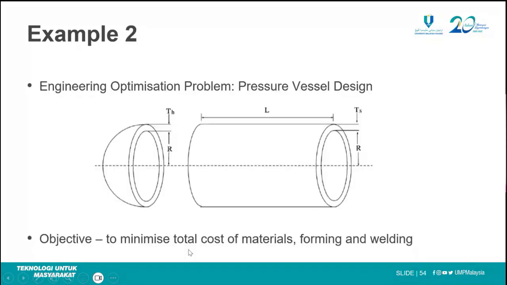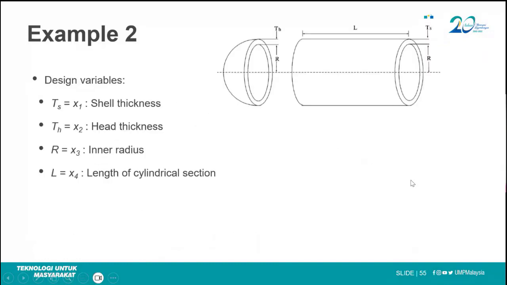Another example is vessel design, to minimize the total cost of materials, forming, and welding processes. The design variables are TS, the shell thickness of the cylindrical area, TH, the head thickness, R, the inner radius, and L, the length of the cylinder.